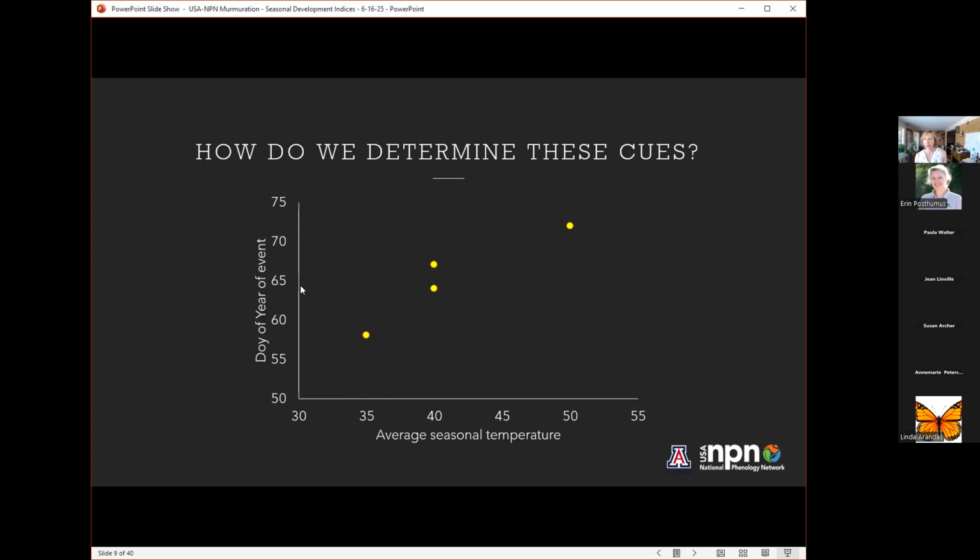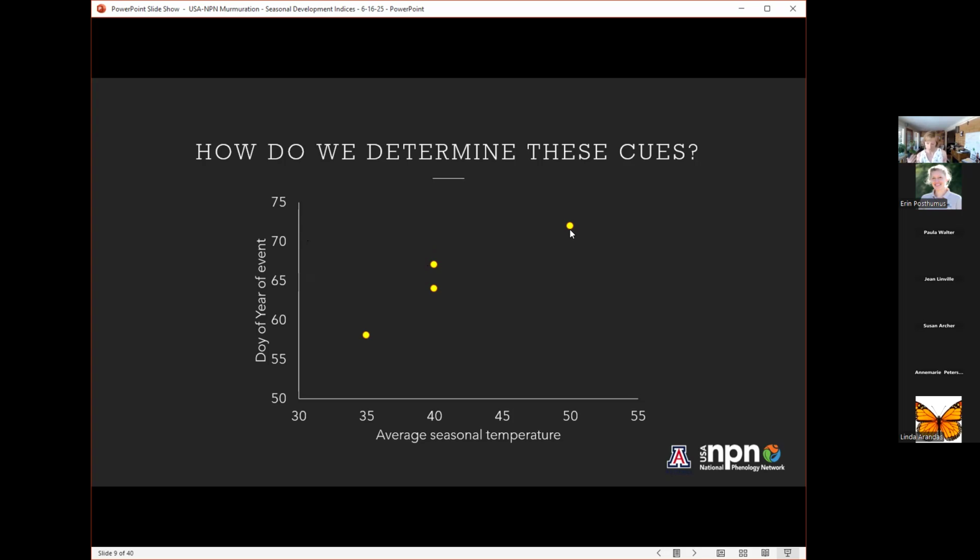The year that the person first reported the event on day 63, that average temperature was 40. The year that the person first observed it on day 68, we also had an average seasonal temperature of 40 degrees. And then we had this one other year where things happened much later, and the temperature was much higher.